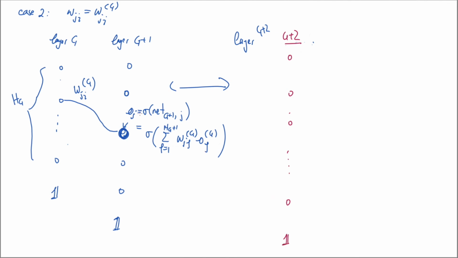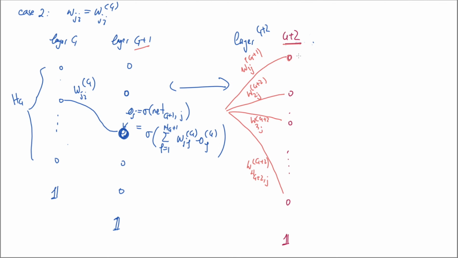And you can imagine that this particular OJ is connected to each of these guys, and the weight here is going to be W1J G plus 2, W2J G plus 2, W3J G plus 2, and this is W H G plus 2 J. Okay, so all I'm saying is that these are the weights connecting the G plus first layer to the G plus second layer. I'm calling them this.